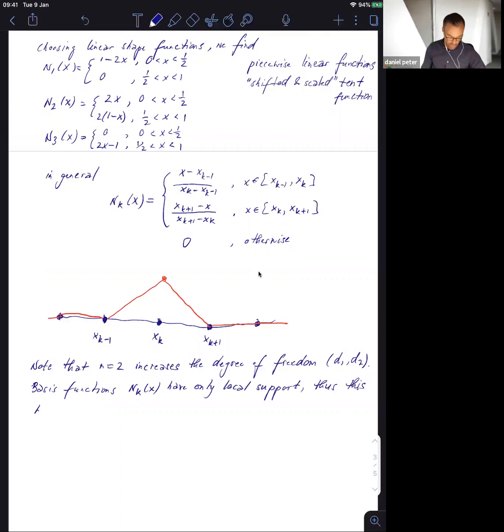This becomes a local method, as compared to, for example, the pseudospectral method. The pseudospectral method is a method with global support.